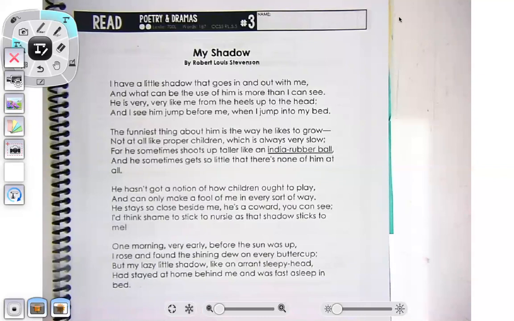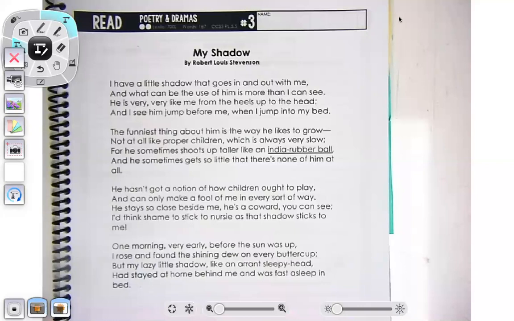He hasn't got a notion of how children ought to play, and can only make a fool of me in every sort of way. He stays so close beside me, he's a coward, you can see. I'd think shame to stick to nursie as that shadow sticks to me. One morning, very early, before the sun was up, I rose and found the shining dew on every buttercup. But my lazy little shadow, like an arrant sleepyhead, had stayed at home behind me and was fast asleep in bed.